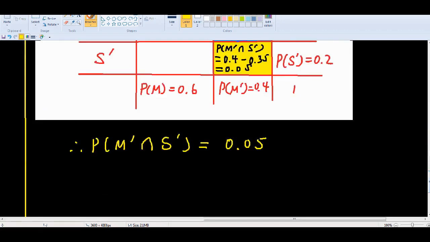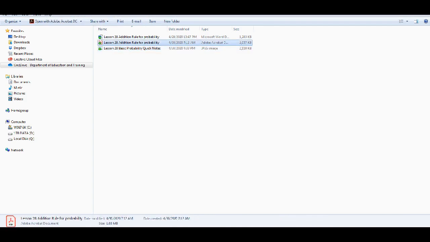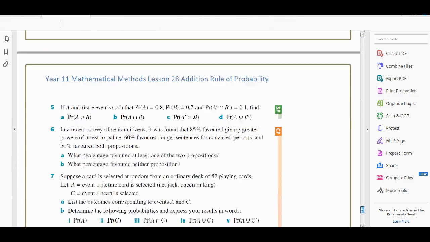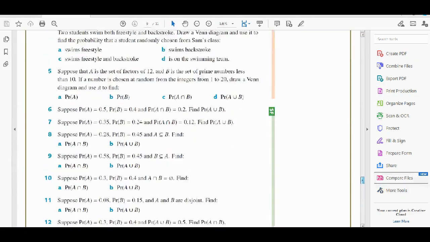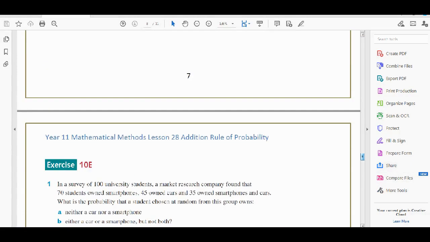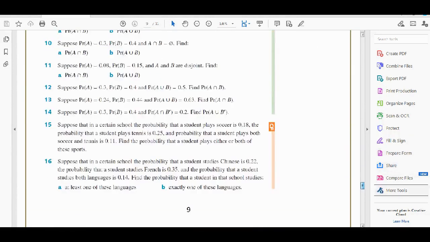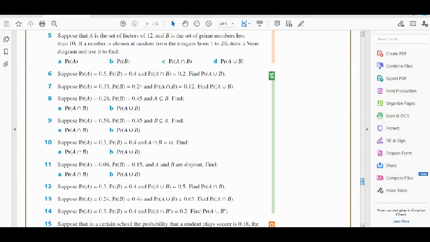In terms of the practice, I know I possibly put a lot of questions here, like 10E and 10F. Again, you don't need to do all of them. For example, question 8 to question 11 are very similar, so possibly just do one of them to make sure you understand what it is about.